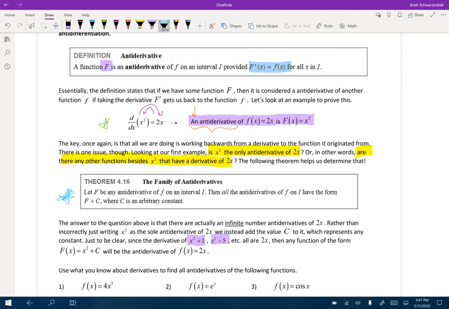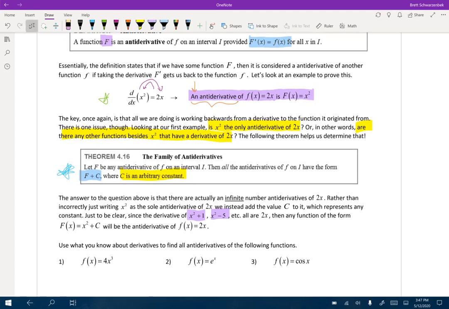Then all antiderivatives of f on that interval have the form F plus C, where C is an arbitrary constant. So instead of writing just, let's say, x squared, you're going to write as the answer x squared plus C. Anytime you find a straight antiderivative, you need to put plus C on the end of it to signify that any constant could be added or subtracted, and you would still find the same derivative.